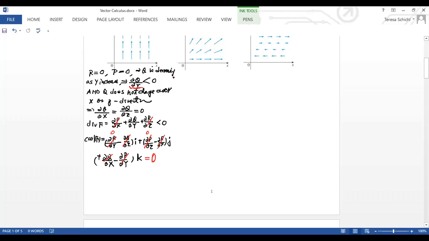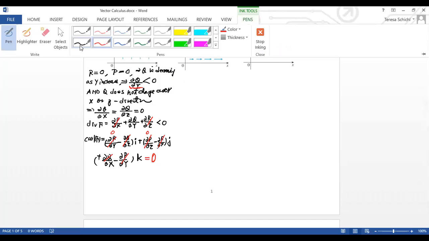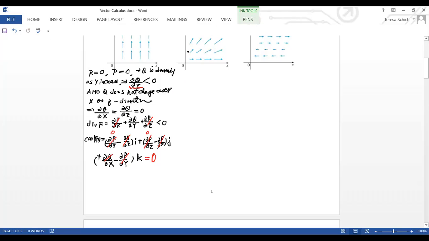Okay, now let's take a look at the next one. First, let's just eyeball it. I did not really see any rotation movement, so I would expect the curl of F is equal to a 0 vector.